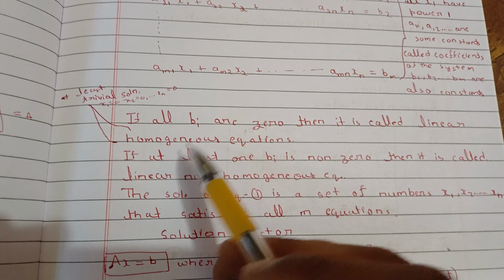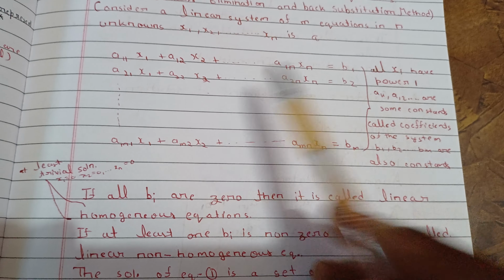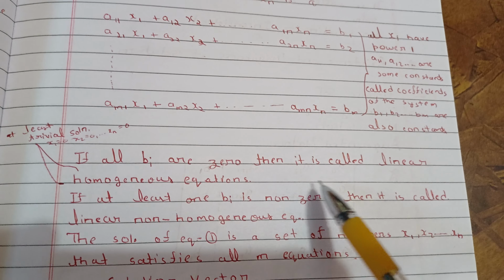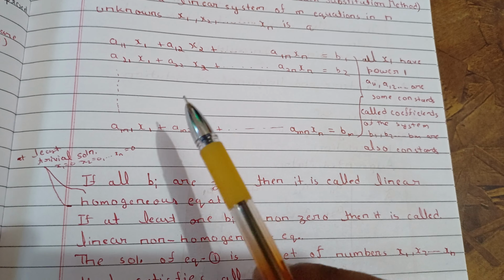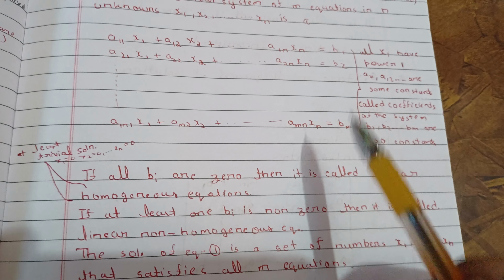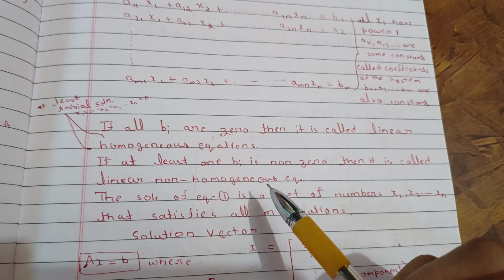Now in these equations, if all bi's are 0, meaning all equations have 0 on the right-hand side, then it is called a linear homogeneous equation, like x plus y plus z equal to 0, 2x plus 2y plus 3z equal to 0. When you have 0 on the right-hand side, you call it a linear homogeneous equation.